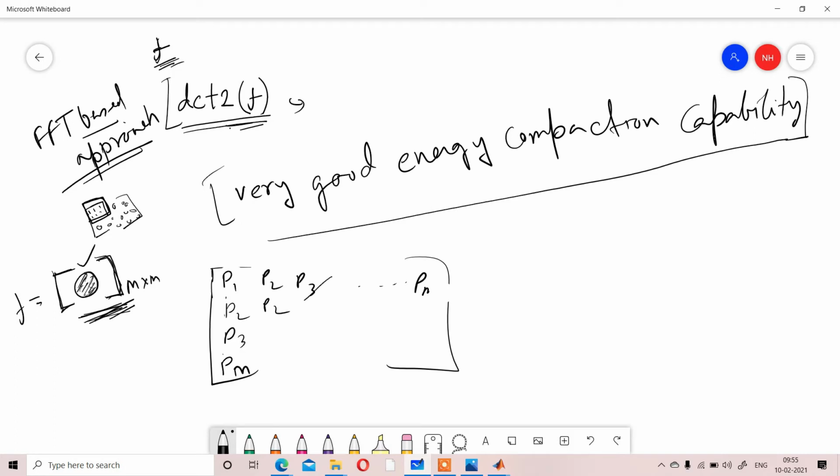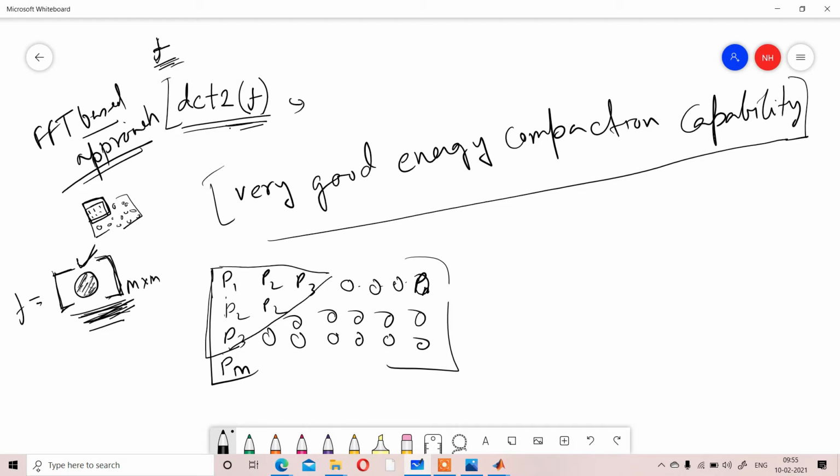Suppose only that amount of pixels contains the maximum information of that image. So keeping only that number of pixels, if we make all the other pixel values zero, whatever result you get, you can check visually that it shows the same image.